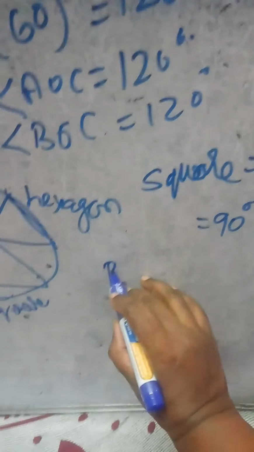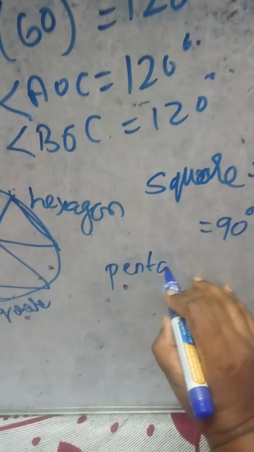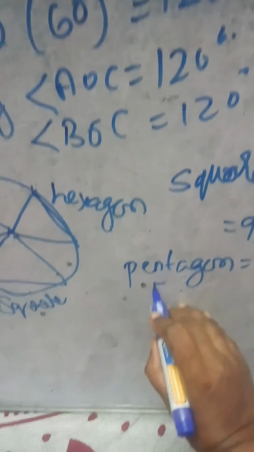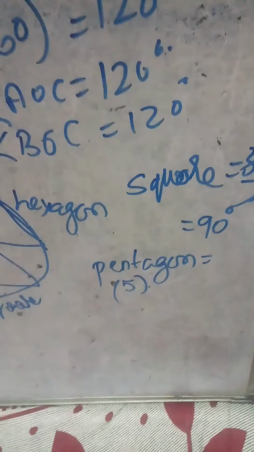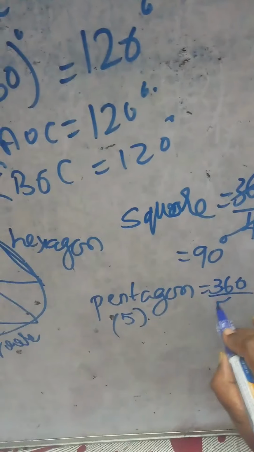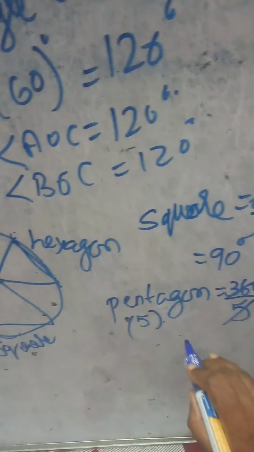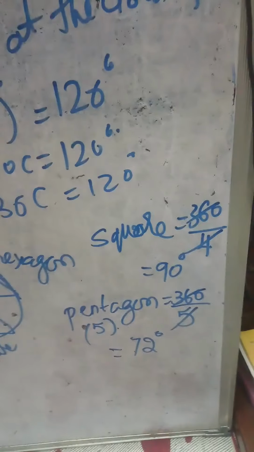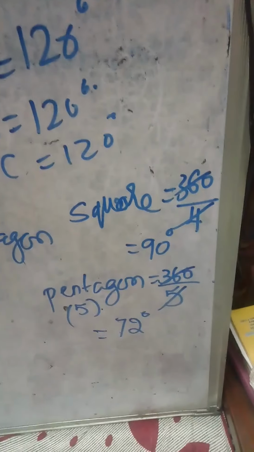For a pentagon, penta means a 5-sided figure, so it will be 360 divided by 5, which will be 72 degrees. So the angle subtended at the center will be 72 degrees.